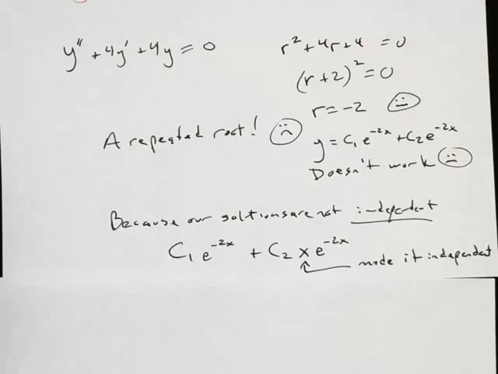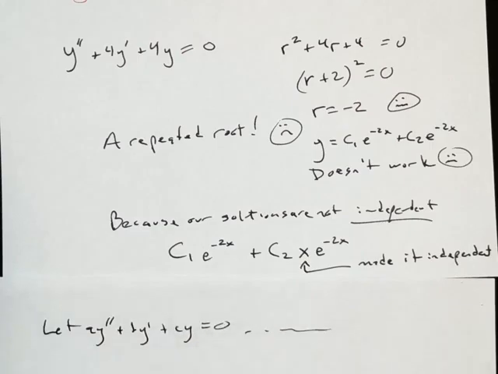So it turns out that if I have two different roots, I use them as they are. If I have one root and it's repeated, I need an extra x floating around in the problem. I can write out the same theorem. Let ay double prime plus by prime plus cy equals 0.